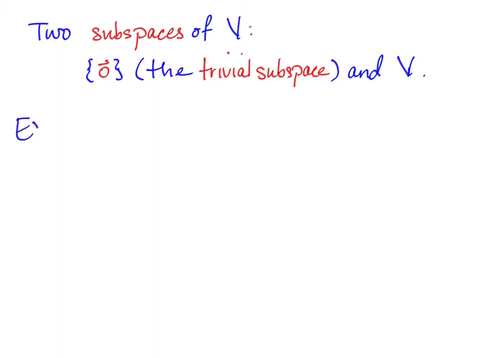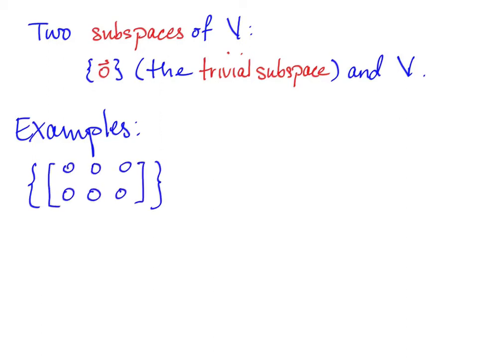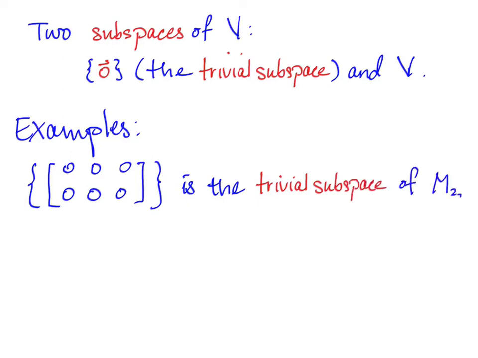All right. For example, the set that just contains the 2 by 3 zero matrix is the trivial subspace of M23. Also, P5 is a subspace of P5. All right, so those are just two examples of subspaces we always get for free.